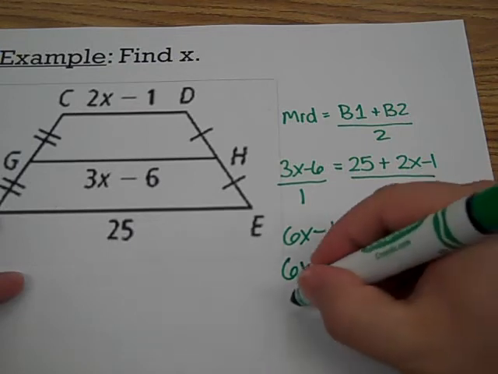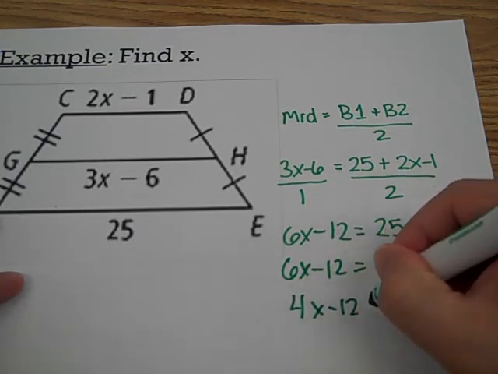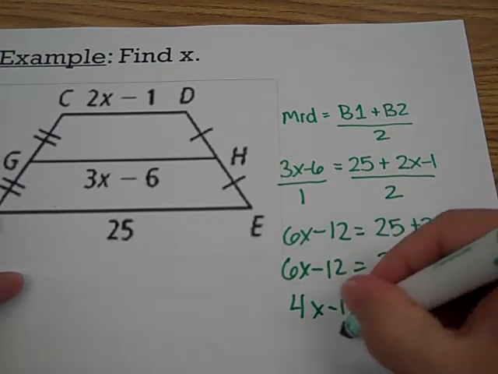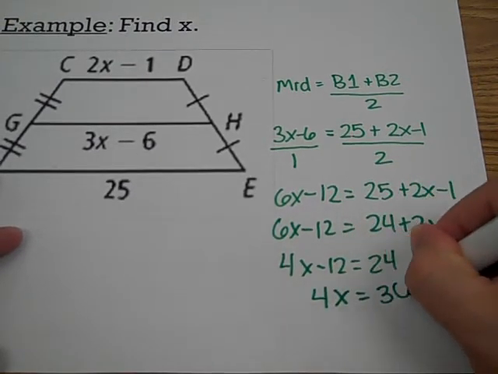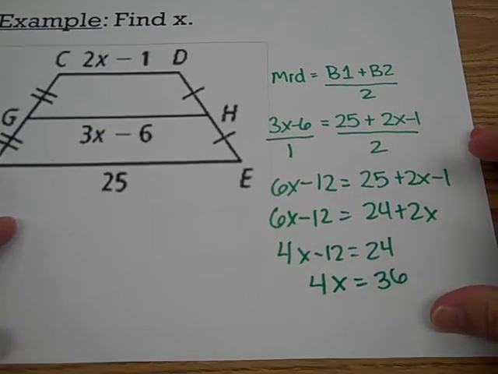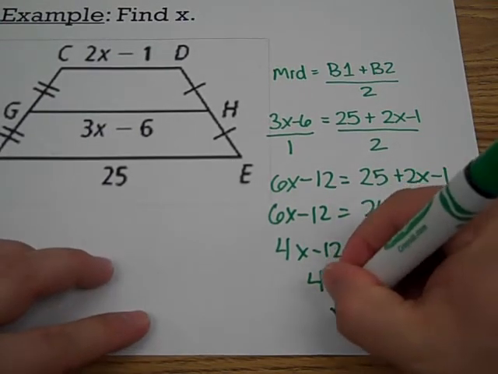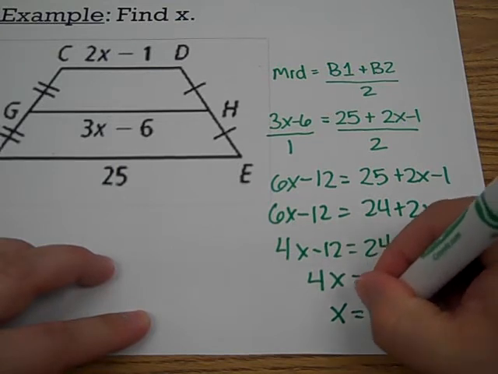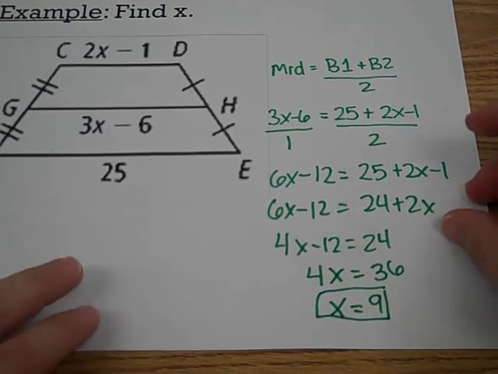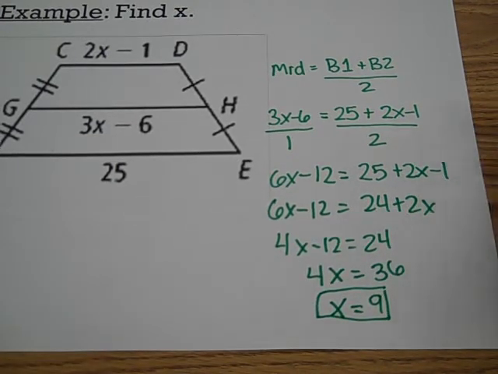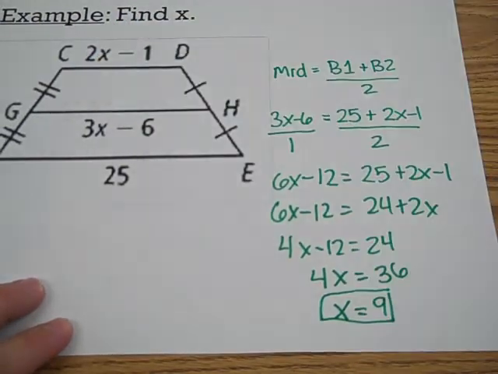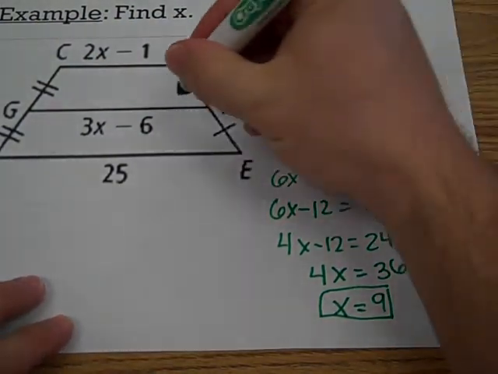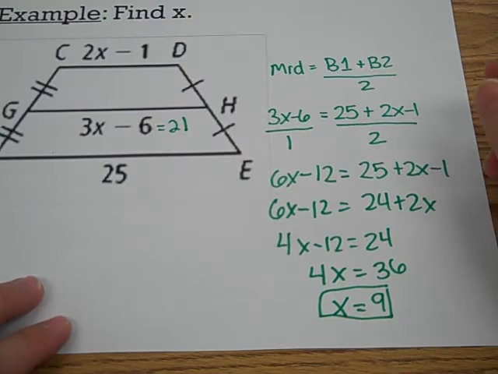I'll subtract 2x from both sides. Add 12 to both sides. And finally, I'll divide by 4, getting x to be 9. So that gives us x. That means the midsegment is 3 times 9 minus 6, which is 21.